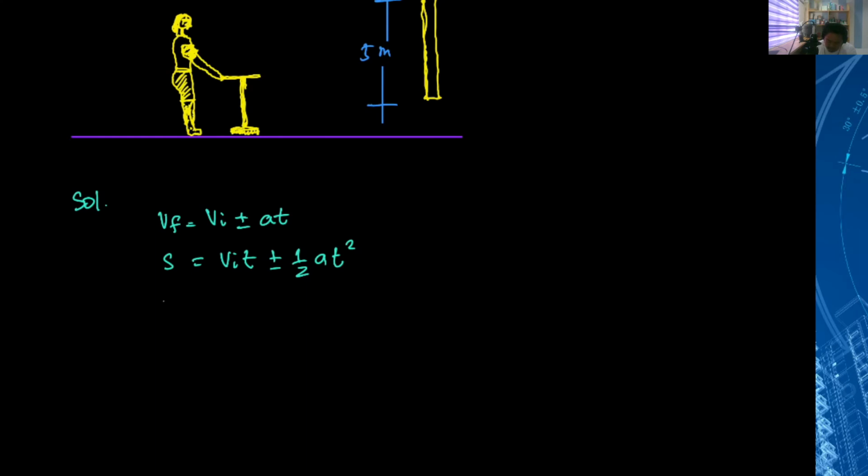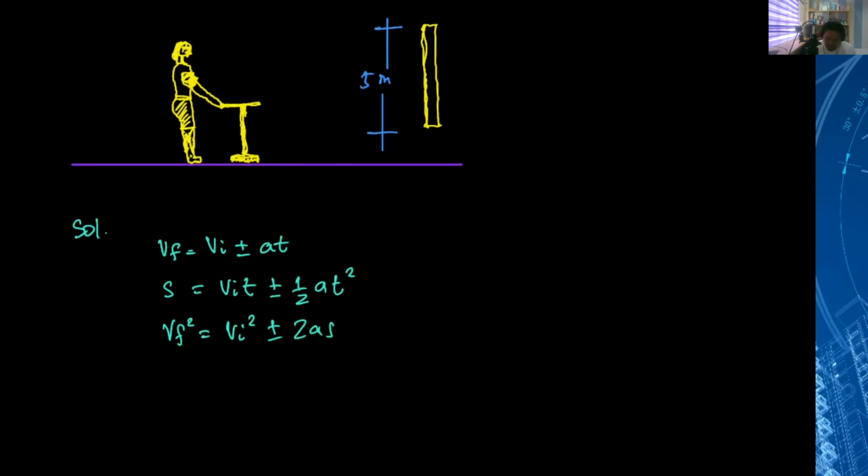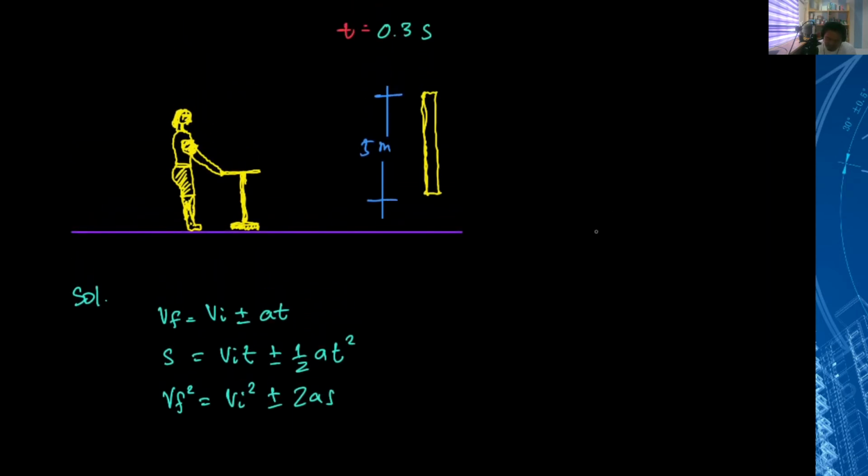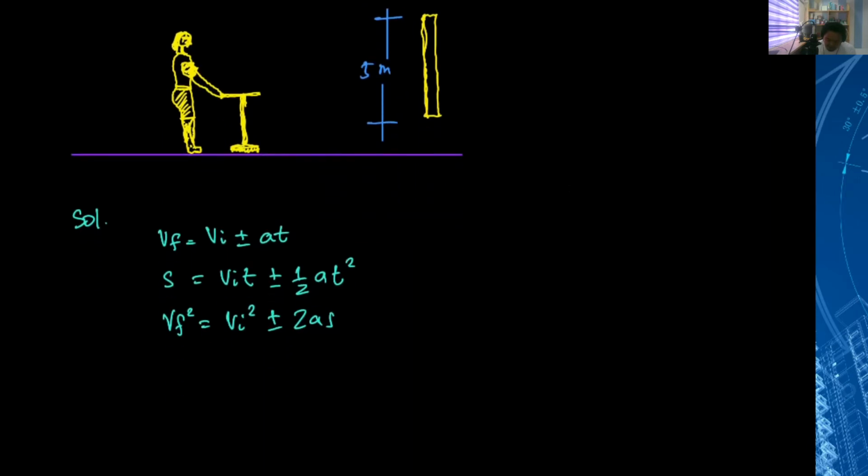The third formula is Vf squared equals Vi squared plus or minus 2AS. So let's examine given T and given distance. From the formulas, we have distance and we have time, so most probably the second formula will be used.